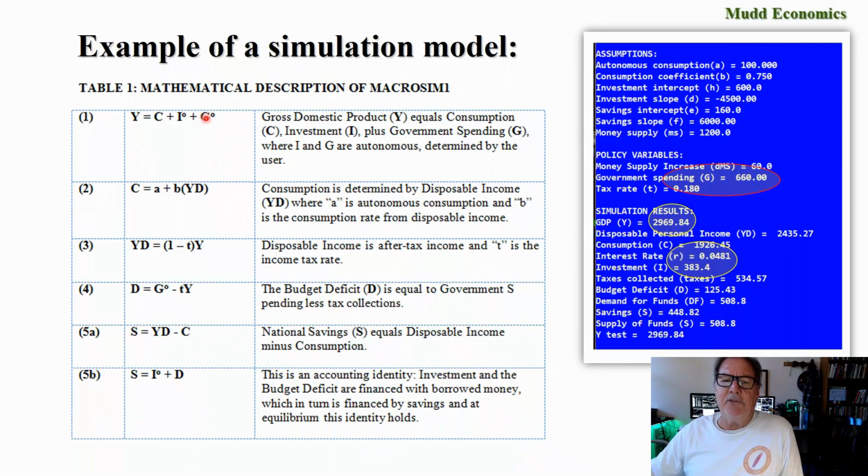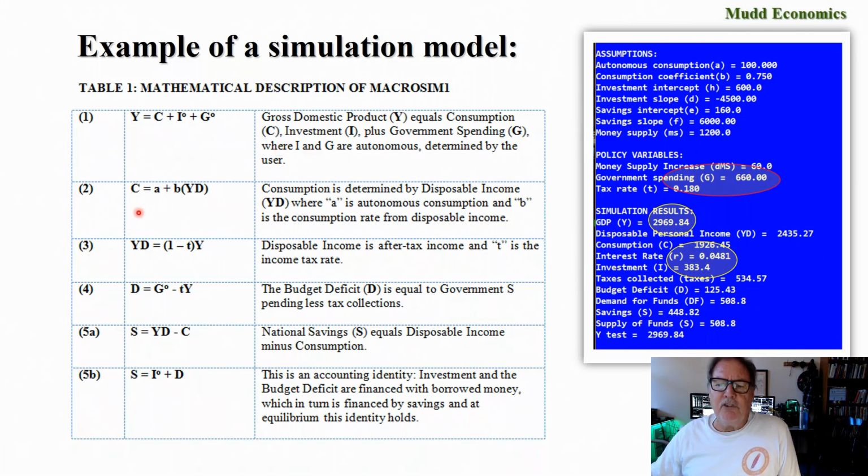So normally it has an identity at the top where we say national output, or GDP, is equal to the sum of the three categories of spending: consumption, investment, and government spending. And here this is a closed economy, so in this version of the model we're leaving out net exports.